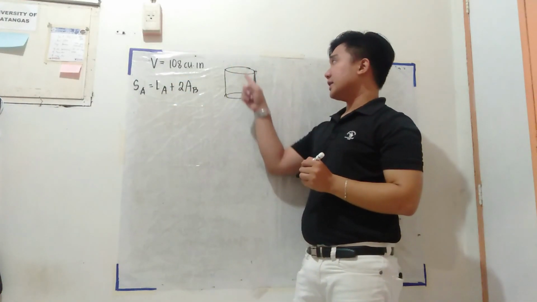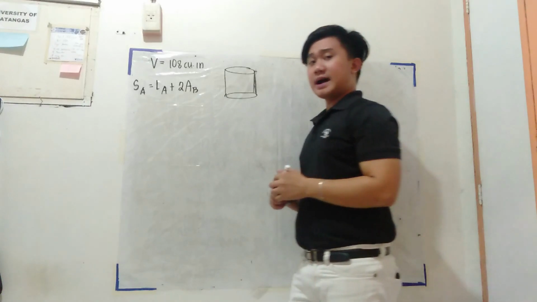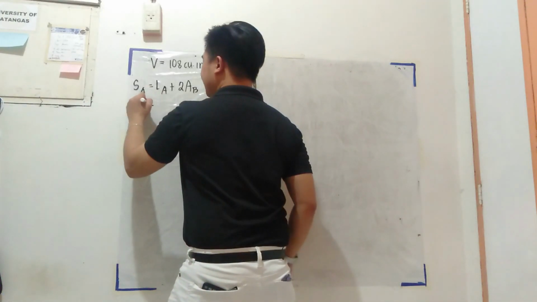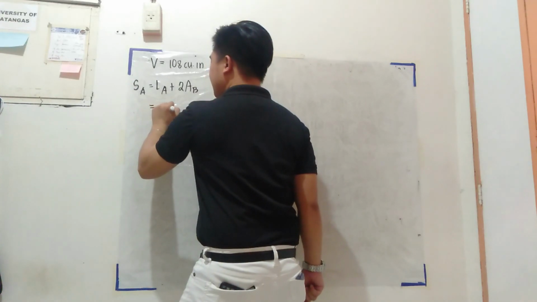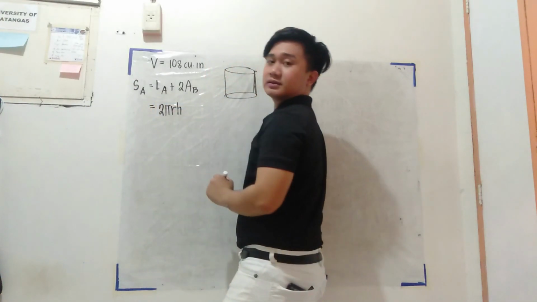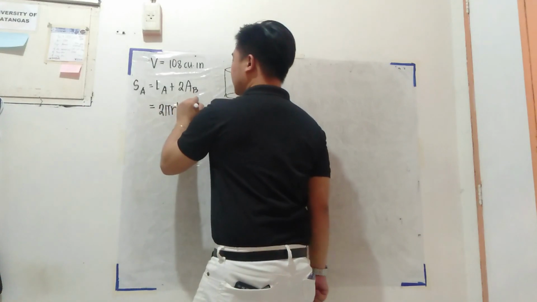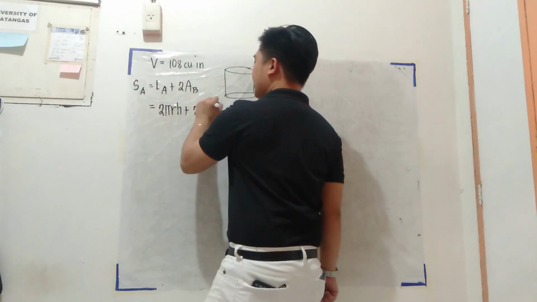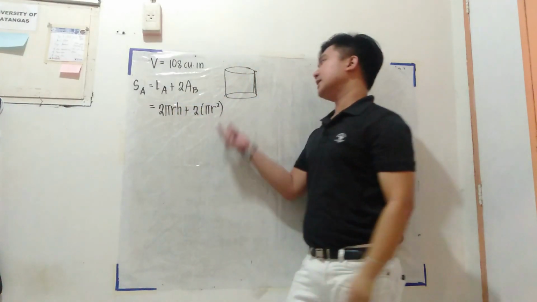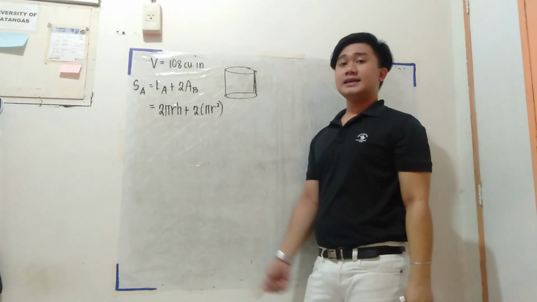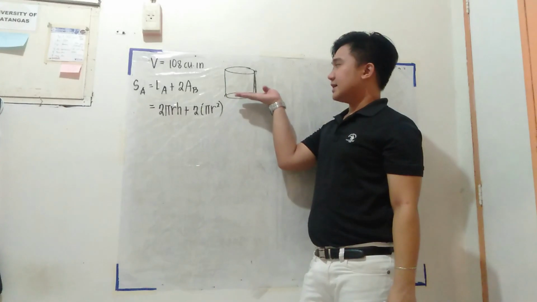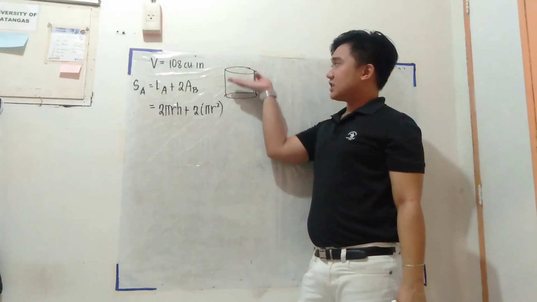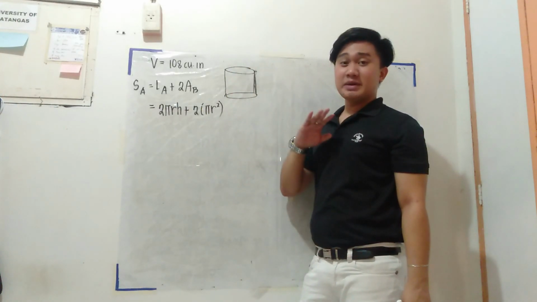Kasi, base 1, base 2. Ano po ba ang formula ng lateral area sa isang cylinder? That is just 2 pi RH, tapos twice ng pi r squared. Kasi ang shape naman ng base ng cylinder natin ay circle. So, pi r squared. Bakit may times 2? Kasi baba, tsaka taas. Tsaka sinabi closed.